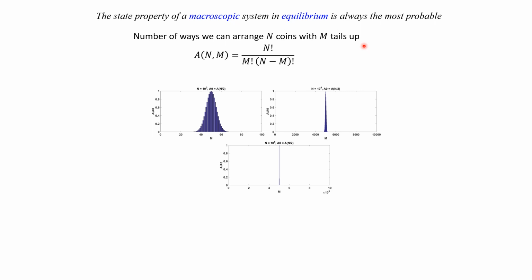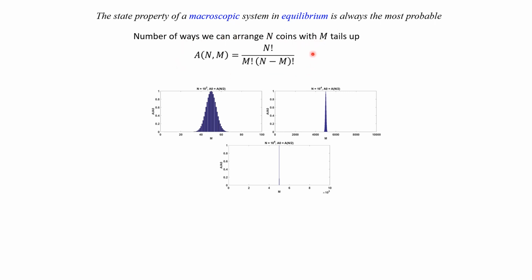So each configuration, each way we can arrange these n coins is one state. So in the vertical axis of the histograms, we have the number of states, and the number of coins with tails up is the energy. So you can identify m here with the energy.